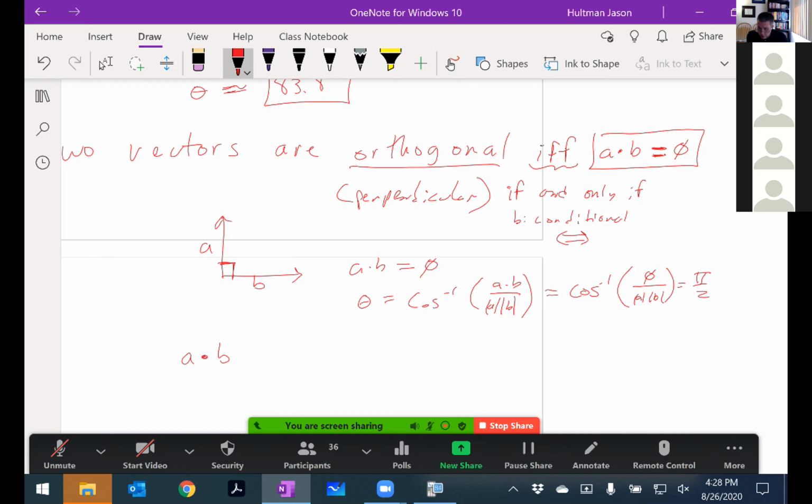So the only thing that's changing here is the angle, right? Here we've got theta, here we've got A, and here we've got B. We know that if it's 0, then this thing is pi over 2. But what if it's a positive number? What happens when we take the inverse cosine of a positive number?